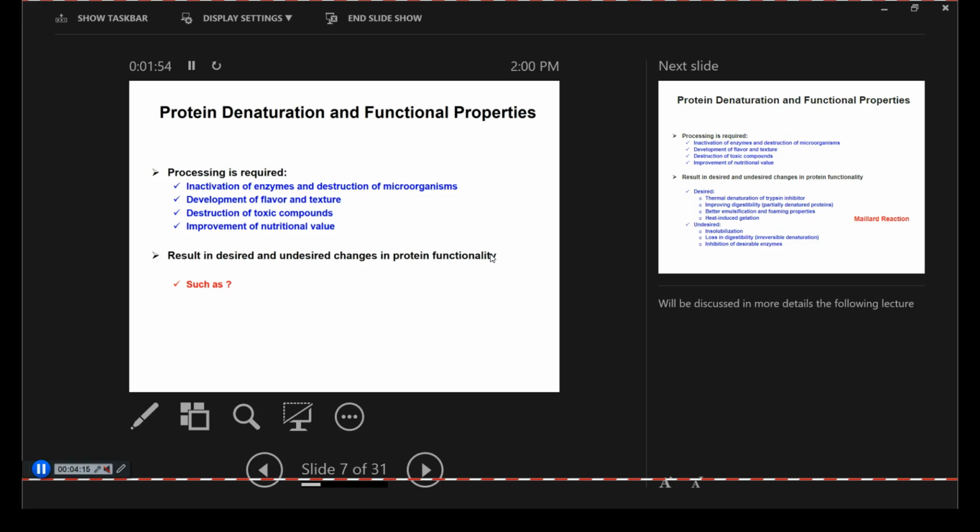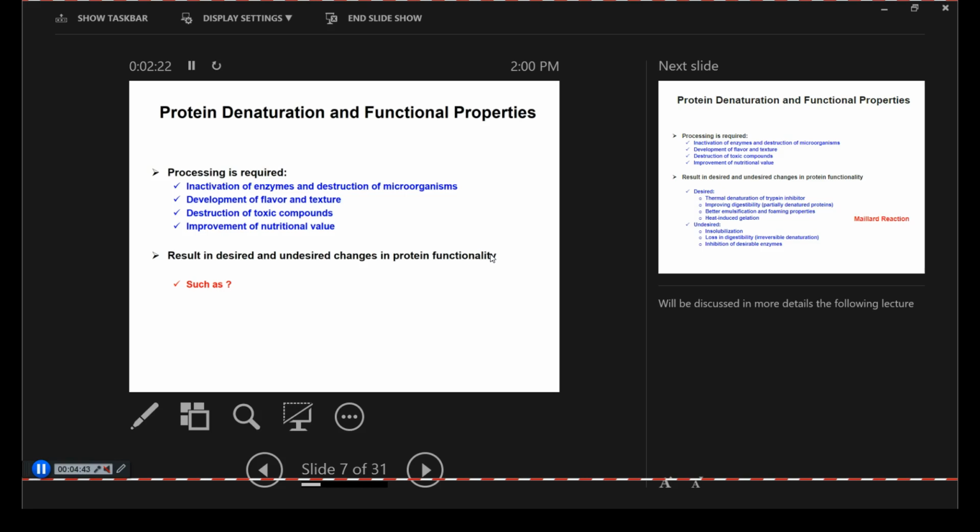Okay, so just a little bit of why processing is required. Obviously, food is processed to have different outcomes. One important outcome is inactivation of enzymes, let's say lipoxygenases, for example, or enzymes that impact color, or enzymes that result in off-flavor production.